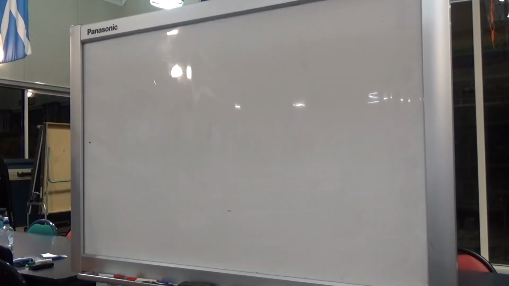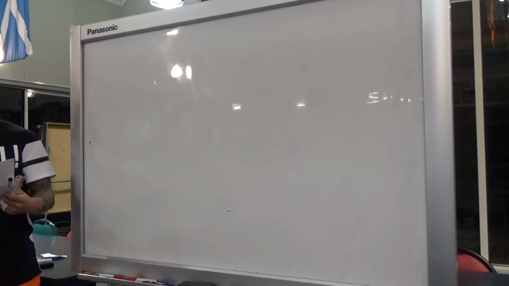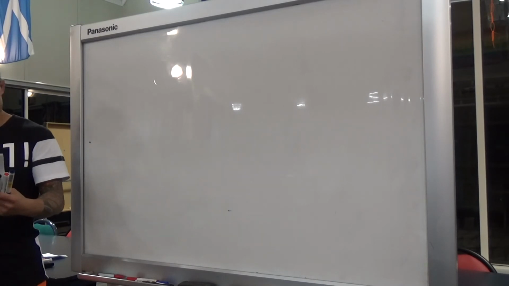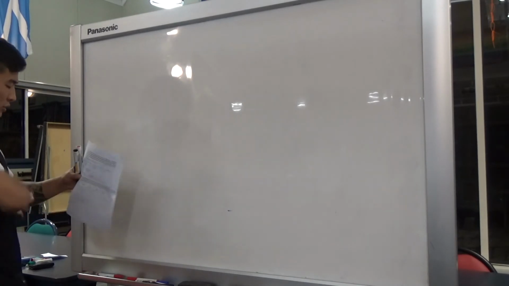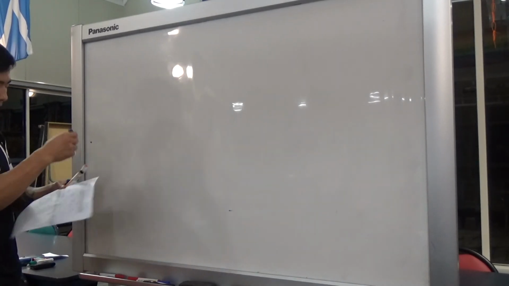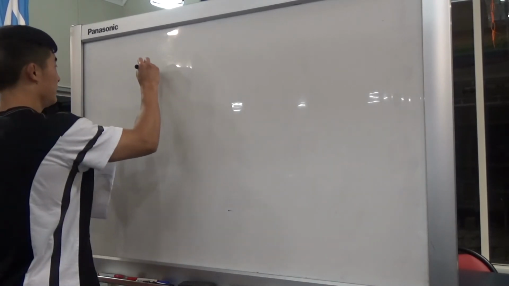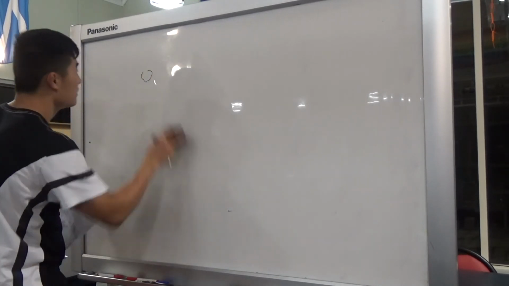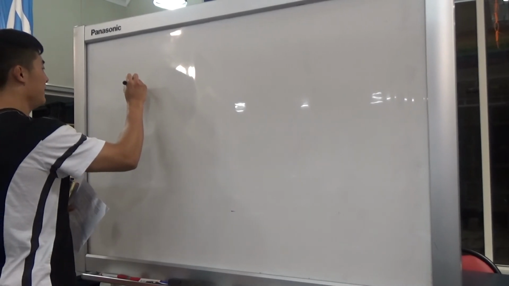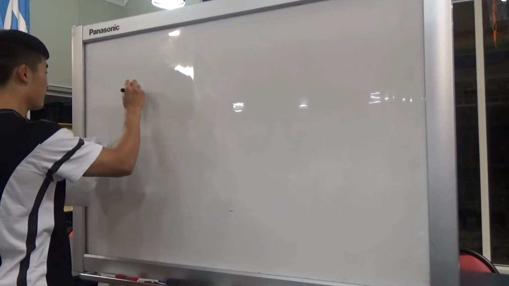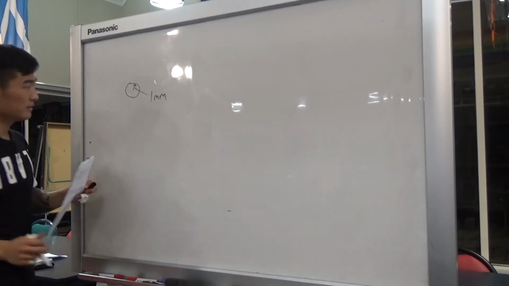Okay, now we have a diffusion one. A drop of ink is deposited into a large volume of motionless water and initially has a radius of 1 millimeter. So initially our radius is 1 millimeter, okay?